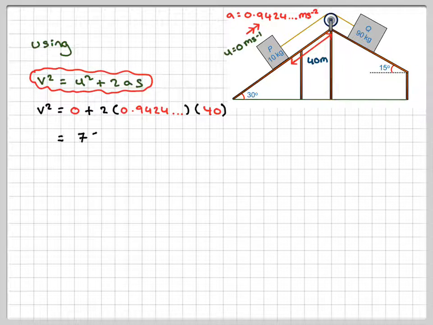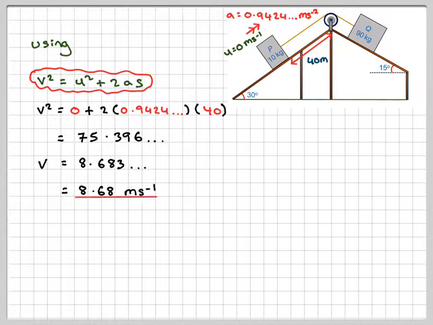And then on my calculator, that will give me 75.395. That gives me v squared. So to get v, you need to take the square root, which is 8.683, which gives a final speed when it reaches the pulley of 8.68 meters per second.